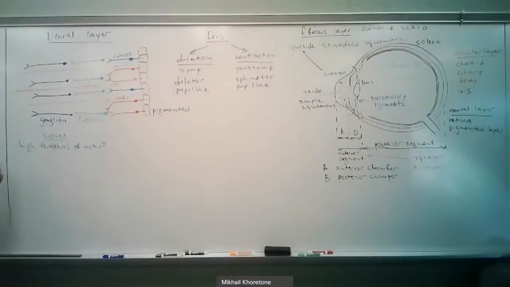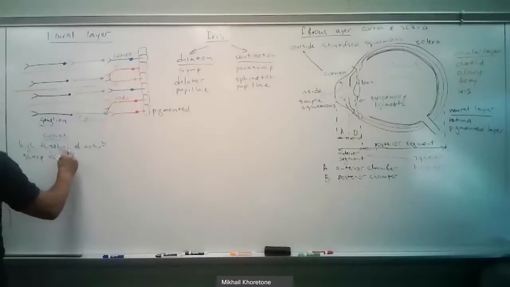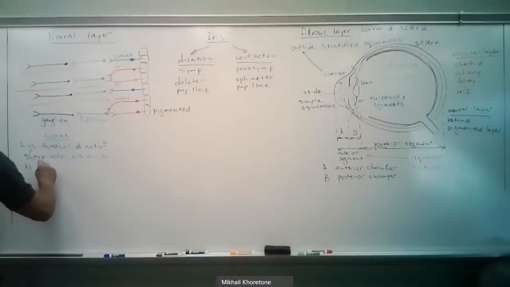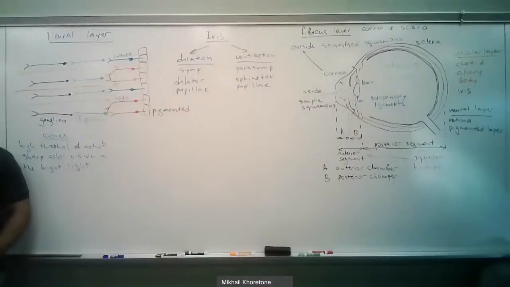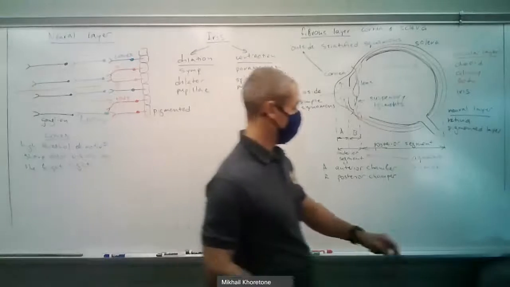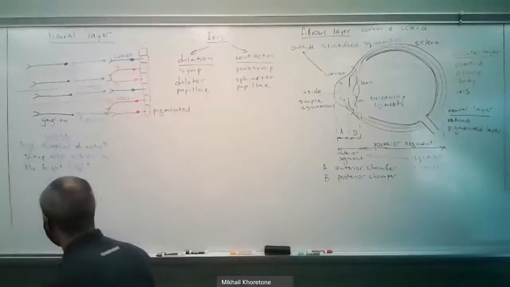So cones are responsible for sharp color vision in bright light. Right now, you see me, you see the board, you see the class via cones, okay? Each cone has its own individual path to the brain.